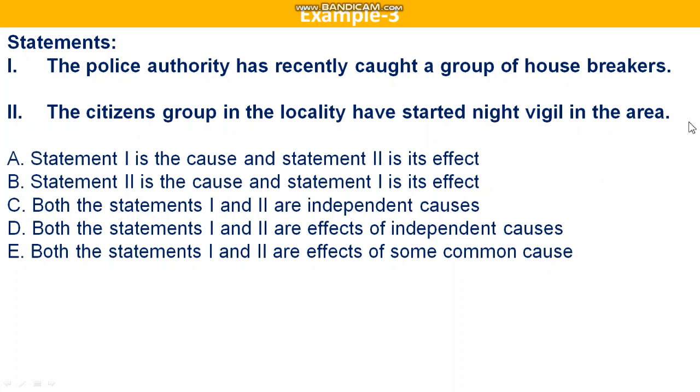Night vigil is there, means somebody is getting alert. Statement number 1 is also an effect. Police caught housebreakers. I feel both are effects of some common cause. So option E must be true: both statements 1 and 2 are the effect of some common cause.